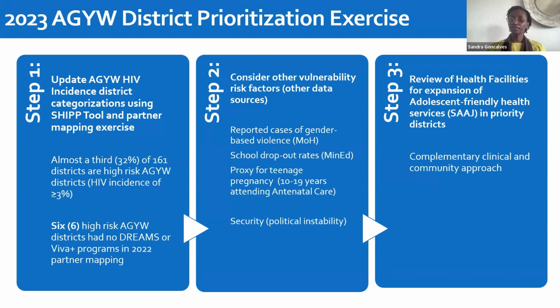And then lastly, in this district prioritization exercise, we also reviewed health facilities for expansion of what we call adolescent-friendly health services. And these are services targeting adolescents and young people.